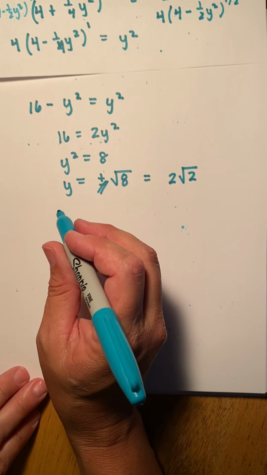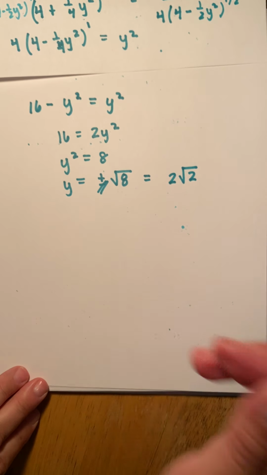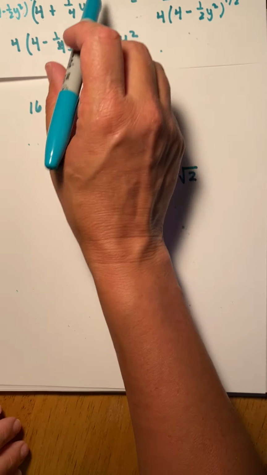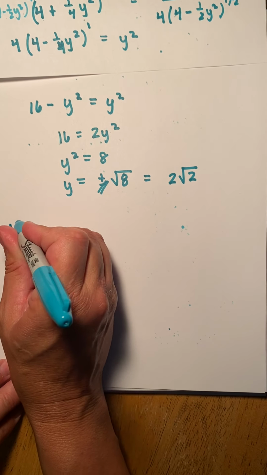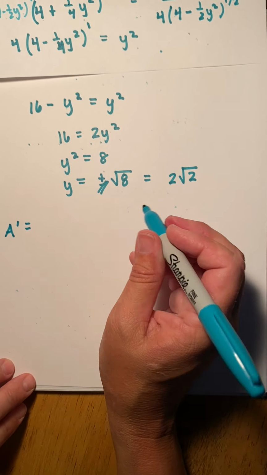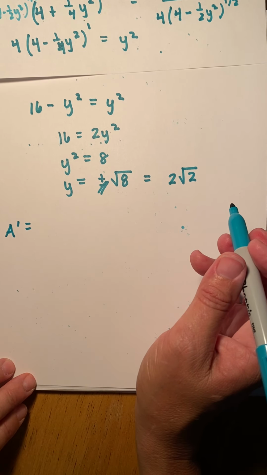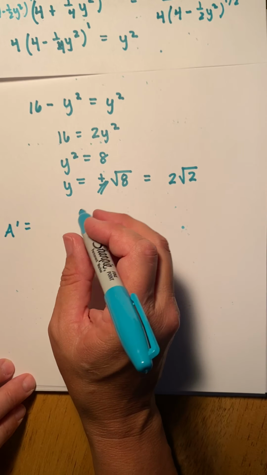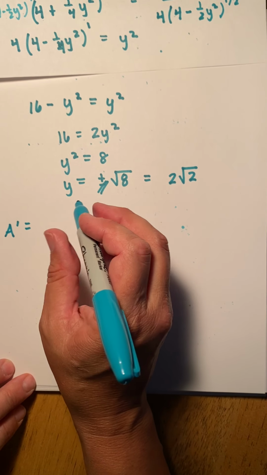Oh my goodness, this is terrible. Let me see, I want to go back to the derivative of the area. Yikes. All right, let's see. I'm trying to think of which derivative I want to use.